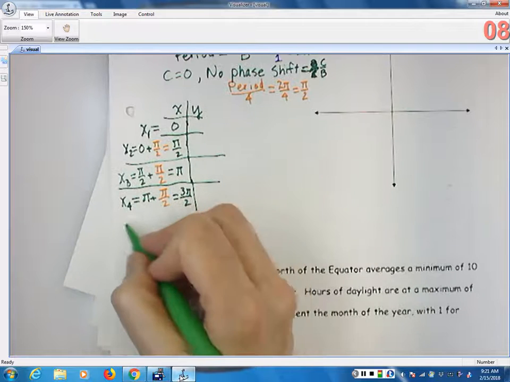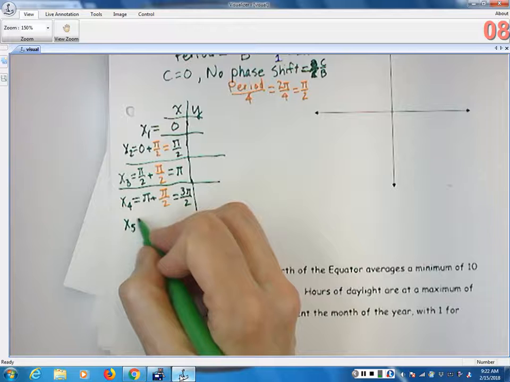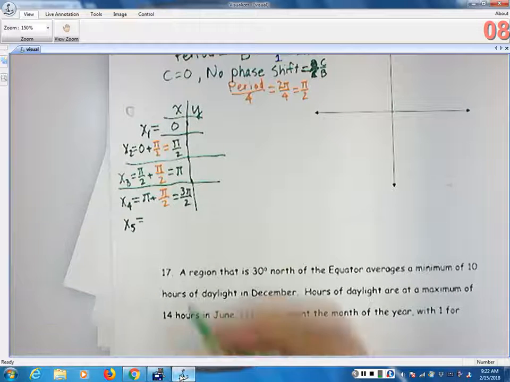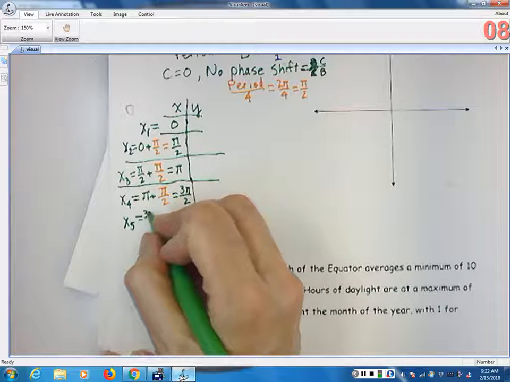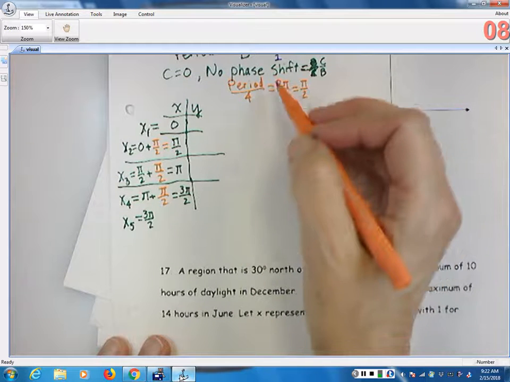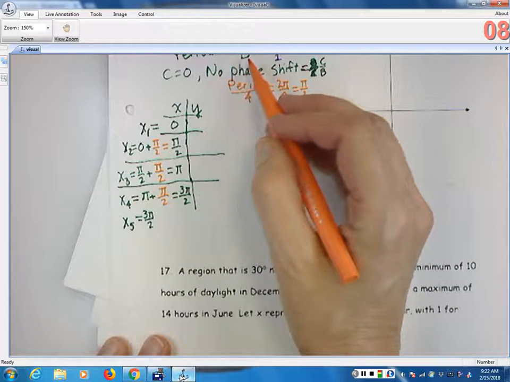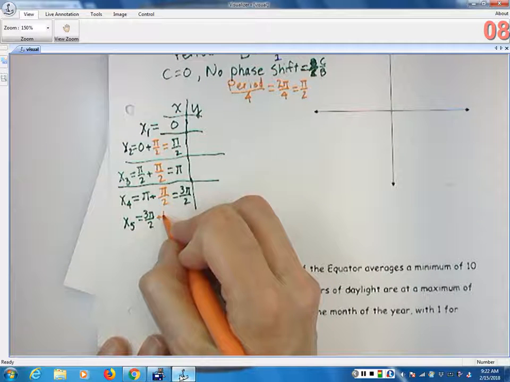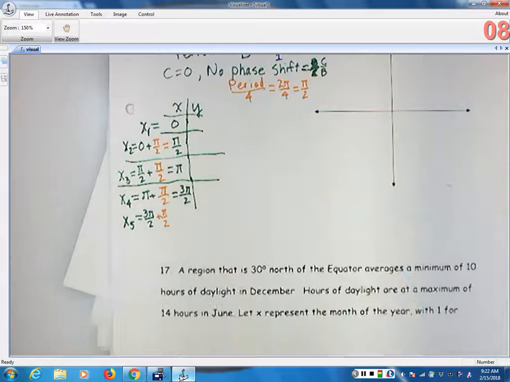And the last one, and if you know these, you don't have to show all these out, but 3 pi over 2, this is just the same 5 key points as a regular cosine function, because B was 1 and C was 0, and we get 2 pi.